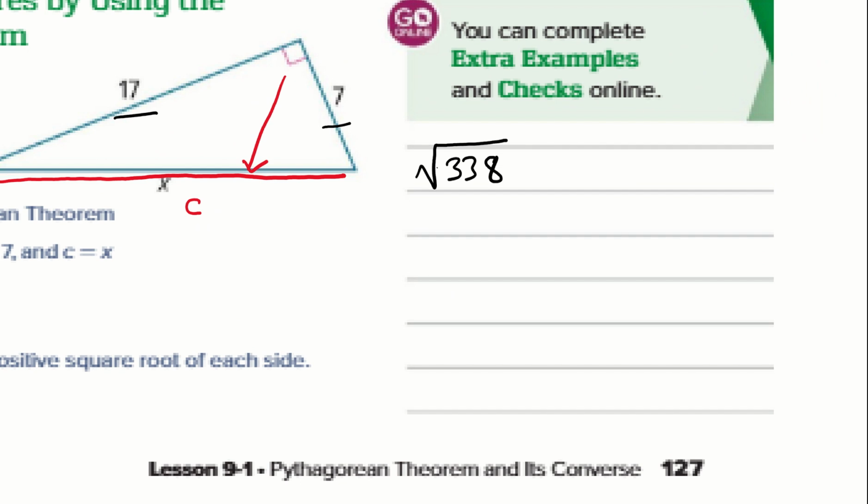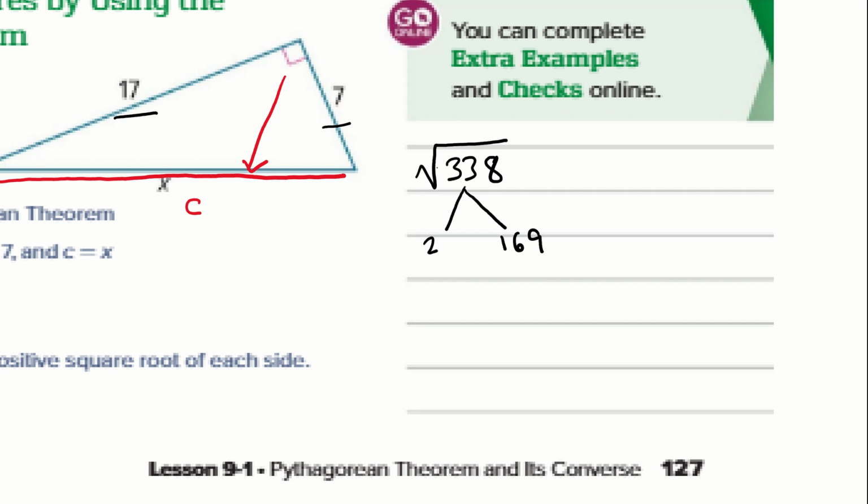All right, what you want to do is figure out numbers that go into 338. For example, 338 divided by 2 is 169. Okay, so can we divide it by 2? And the answer is yes. So 2 and 169. All right, and then we're going to circle, and we're going to keep doing this until we can't do it anymore.